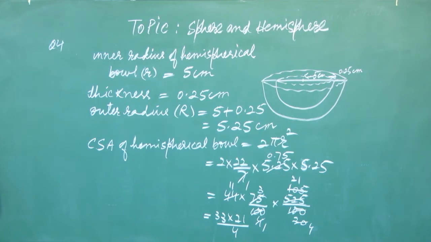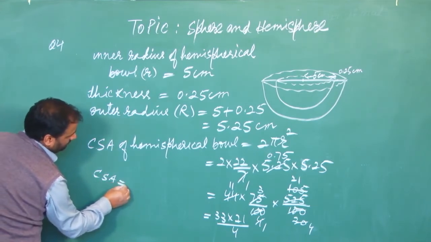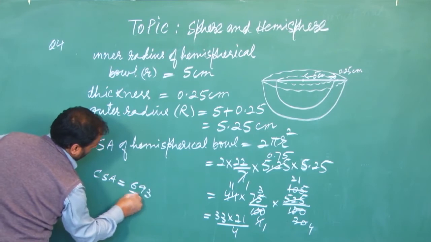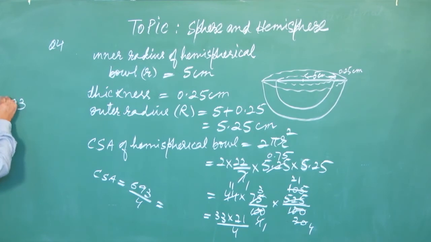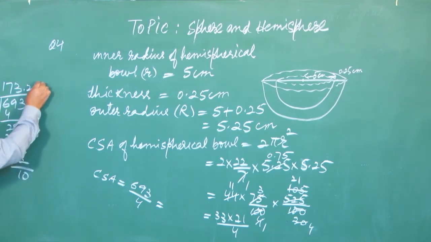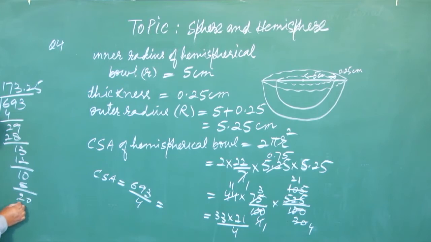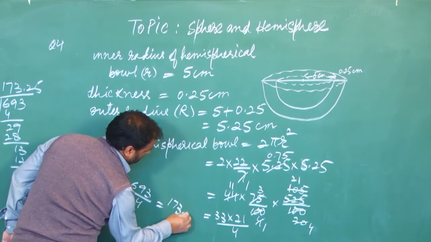So, 33 into 21 is 693. So, that curved surface will be 693 by 4, which on dividing gives 173.25 centimeters square.